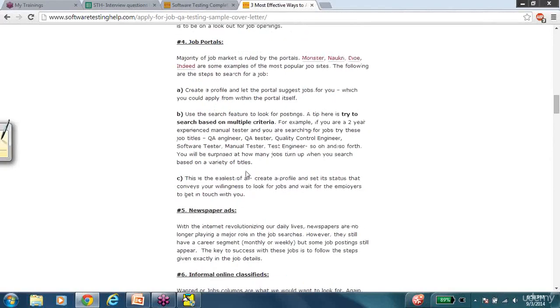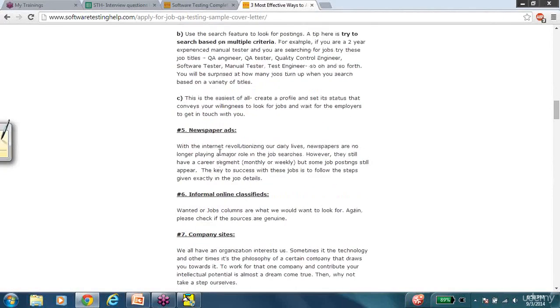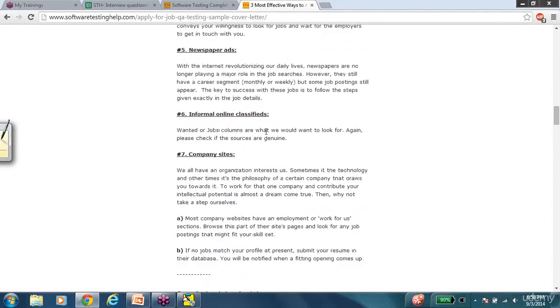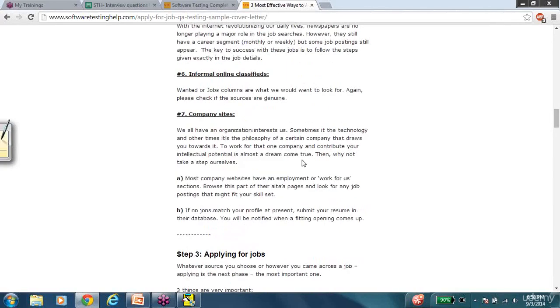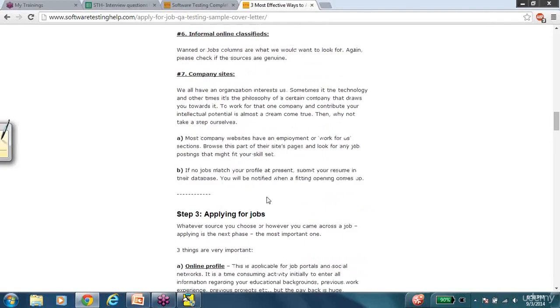Job portals, Indeed, Naukri, Dice, Monster, all of these are good sites. Check the newspapers, online classifieds, company sites. If, for example, you want to work at Google, check their company site, register for job alerts, all of that. So don't leave any stone unturned.